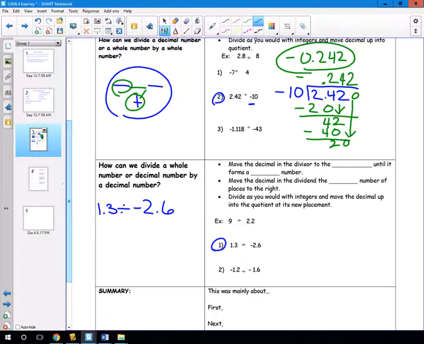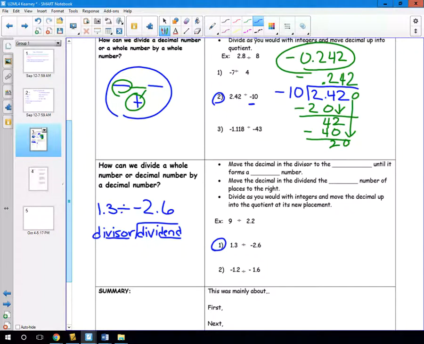Okay? And just as a review, our divisor is outside because it needs a visor. And our dividend is on the inside because it's at the end.